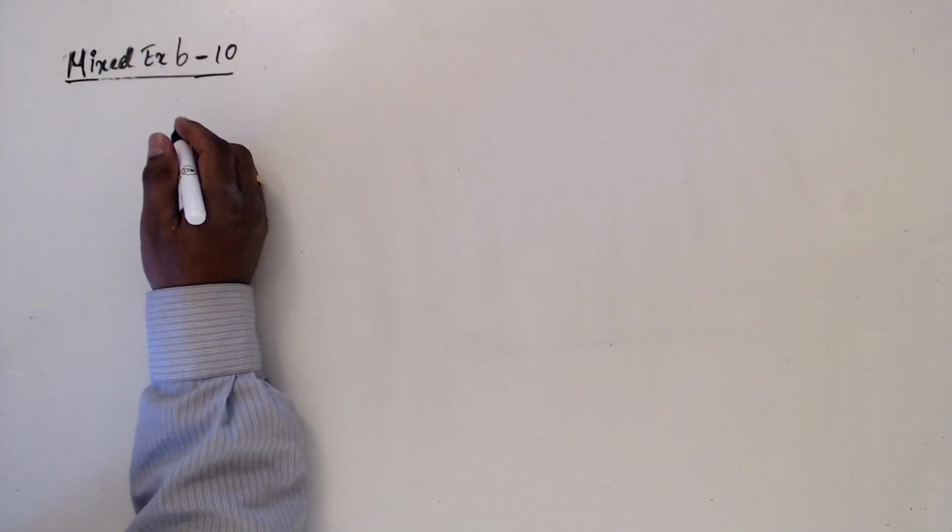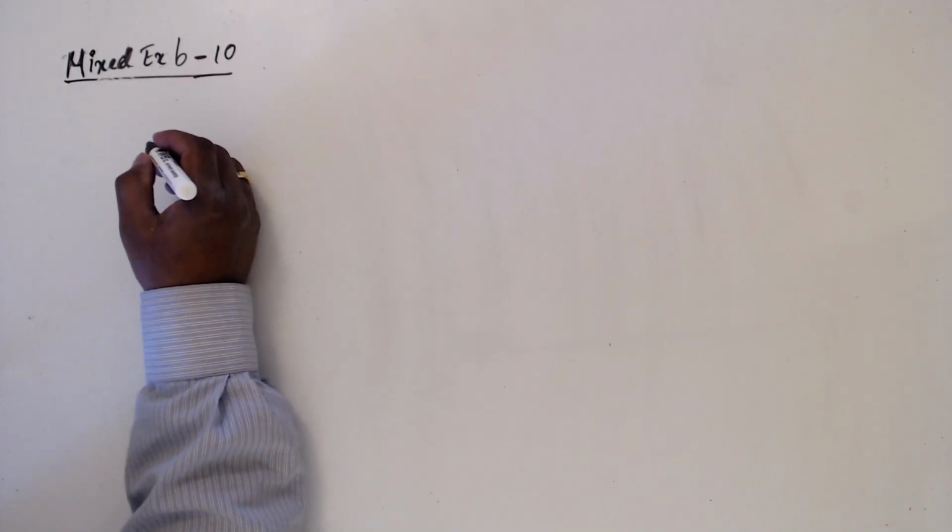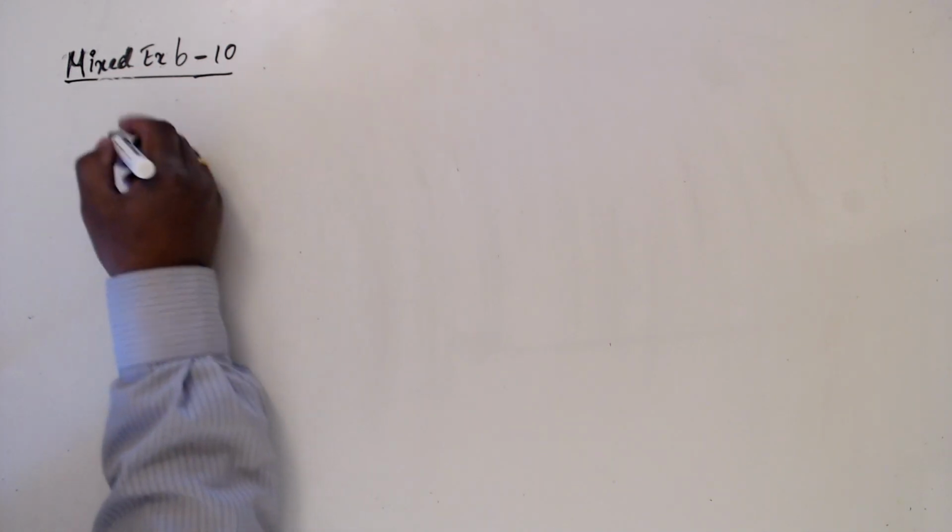Question number 10. State clearly a condition under which it is appropriate to assume that the random variable has a binomial distribution. This is a standard question.